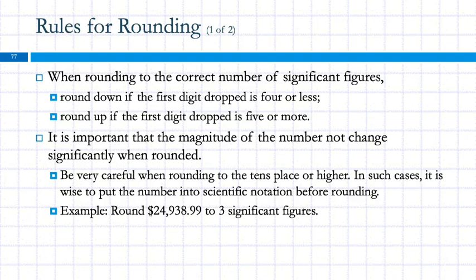Well, we don't have any leading zeros, so I've got 2, 4, and 9. There's my third significant figure. I'm going to look at the next digit to see, do I round up or do I round down? I round down. So is this $249? No. It's $24,900.